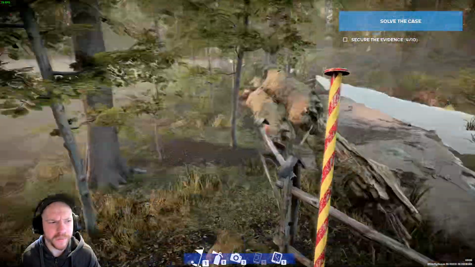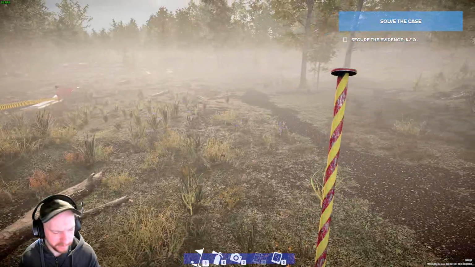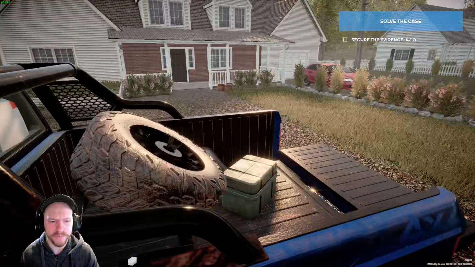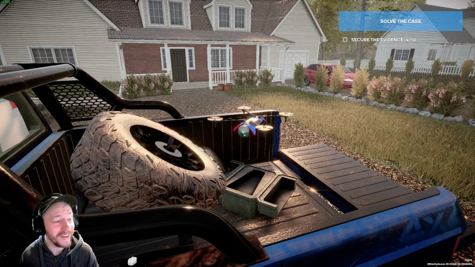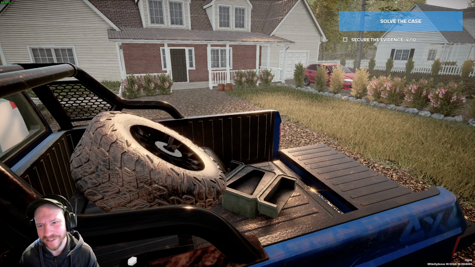Right, something is going to be hiding in plain sight. So let's throw our drone up. We're going to scan for the map to begin with. We have 6 pieces of evidence we are yet to find.